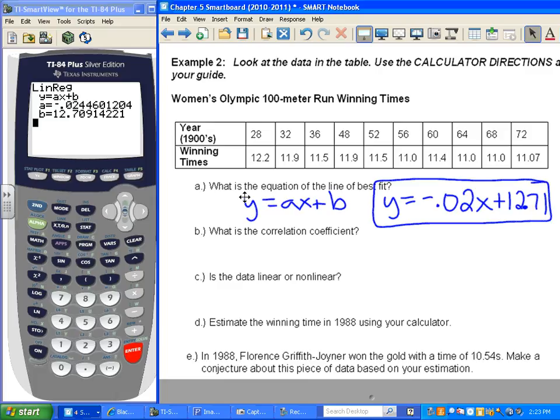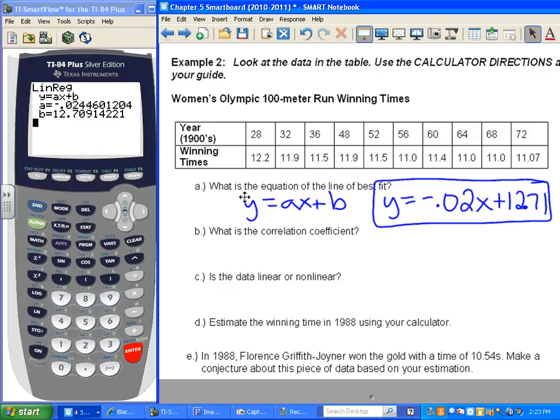Okay, how would you explain slope in this scenario? So let's just pause for a second. Luke B. What's decreasing? Every what? Look at the smartboard. Okay.